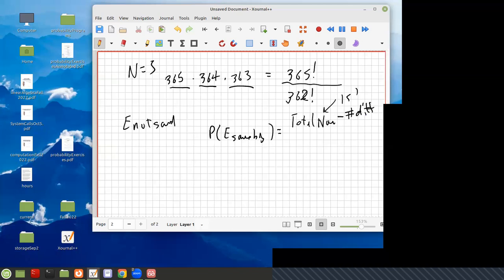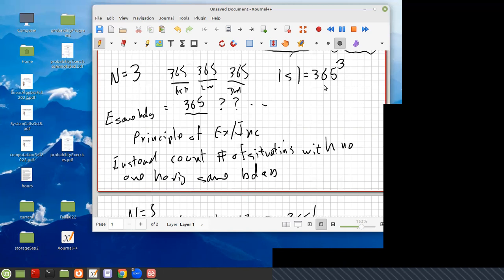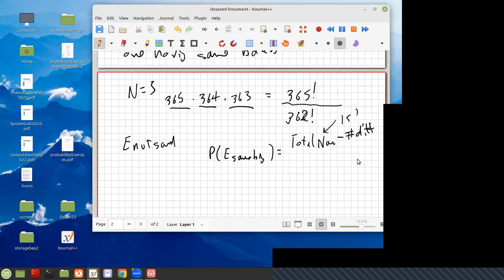So we take the total number of situations, which is 365 cubed, subtract off this number here, and then divide by the total number of ways of people having birthdays, and that's going to give us the probability of the same birthday.